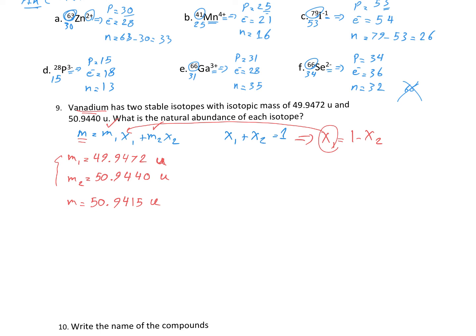If you have one of the natural abundances and one of the masses, you can find the other natural abundance by this, and then you plug the number inside. So you have one equation, one unknown. You can solve it. How do we do that? Let me write it here.